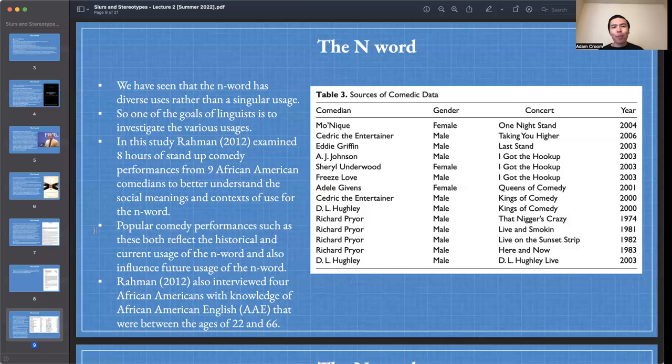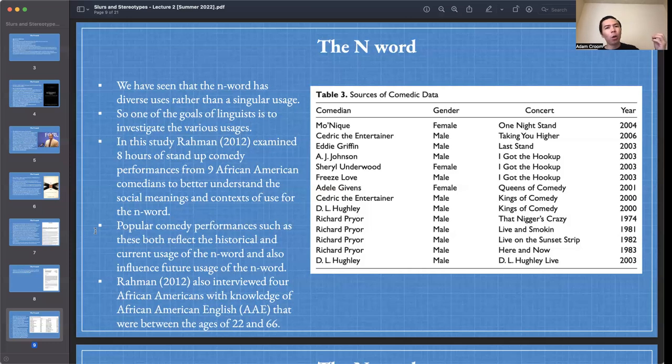Okay. So, for example, when we all watch a popular performance by Eddie Griffin or by Richard Pryor, we not only learn how they understand words, we also adopt their usage or allow their usage to influence our usage, right?